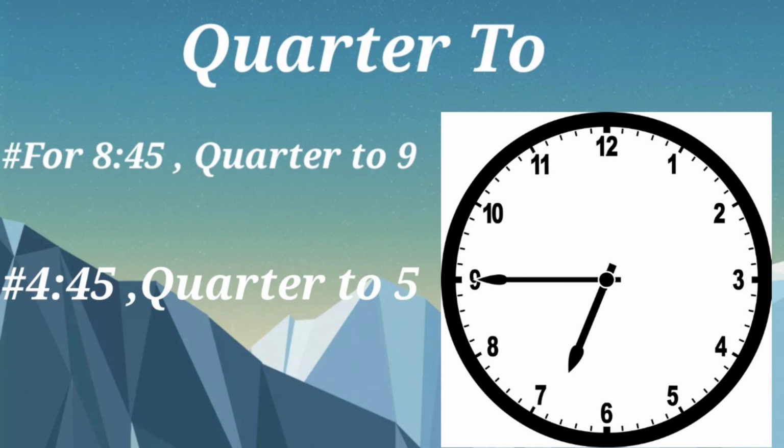Means you will have to use the word quarter to whenever you are trying to mention 45. It can be 9:45, 10:45, 1:45, and for convenient, मीनिंग आपको क्वार्टर टू का यूज़ करना है जब भी 45 को मेंशन करना, जैसे 9:45, 10:45, and like so many times where you will find 45.